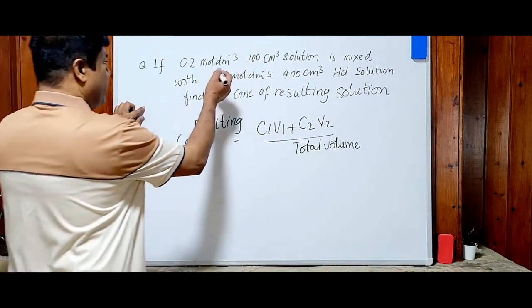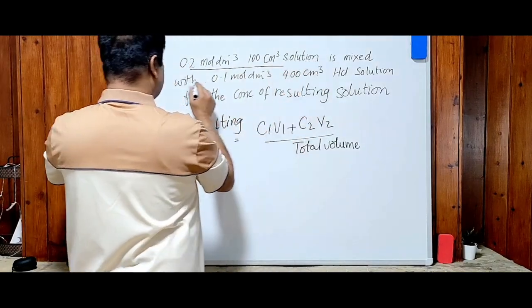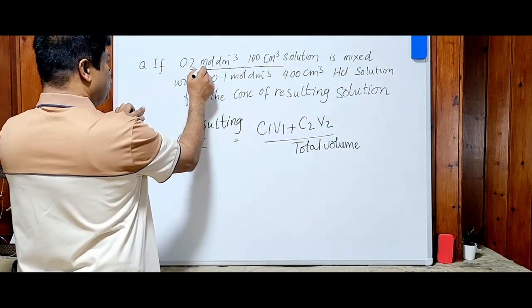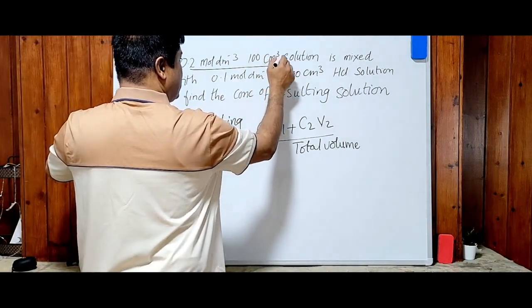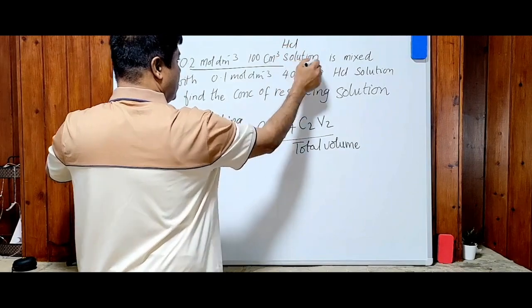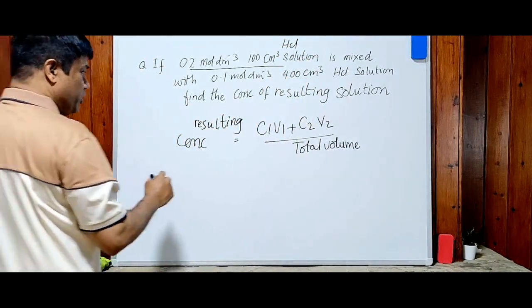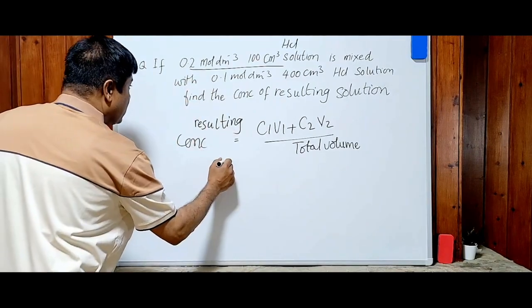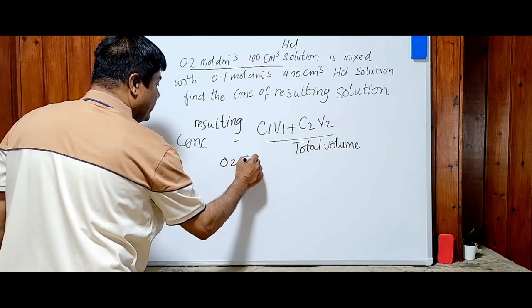Look, we have HCl solution mixed with 0.2 mol dm^-3, 300 centimeter cube HCl solution. HCl solution is mixed with HCl solution. Then only we can use this formula. So what's the C1? C1 is 0.2 and V1 is 100. Okay.